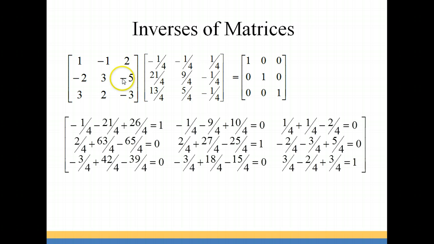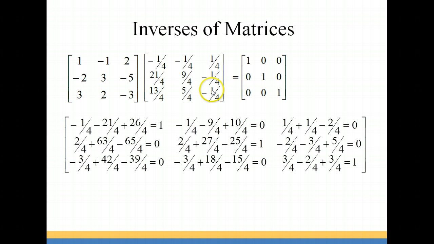Taking your second row and multiplying by your second column, you have -2 times -1/4, 3 times 9/4, and -5 times positive 5/4. And those add together to give us 1, which gives us the entry in row 2, column 2 on the resulting matrix.